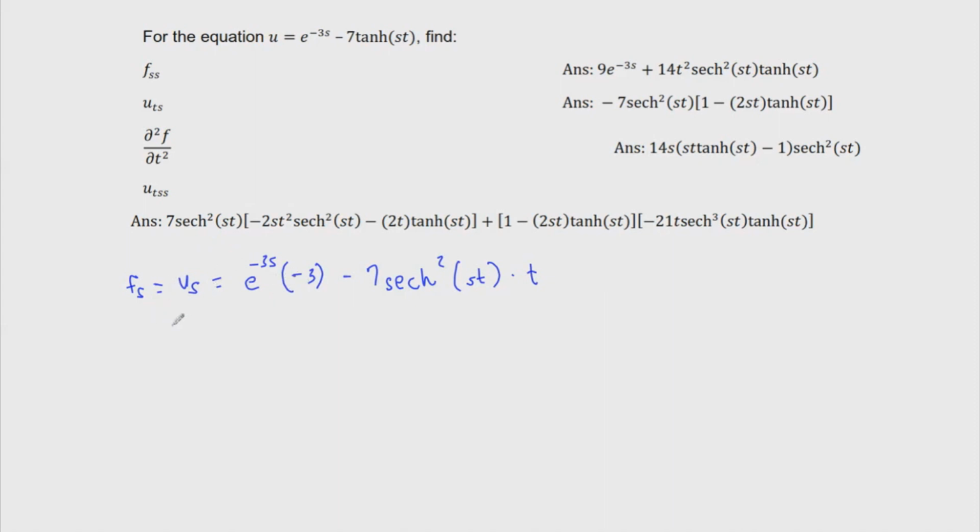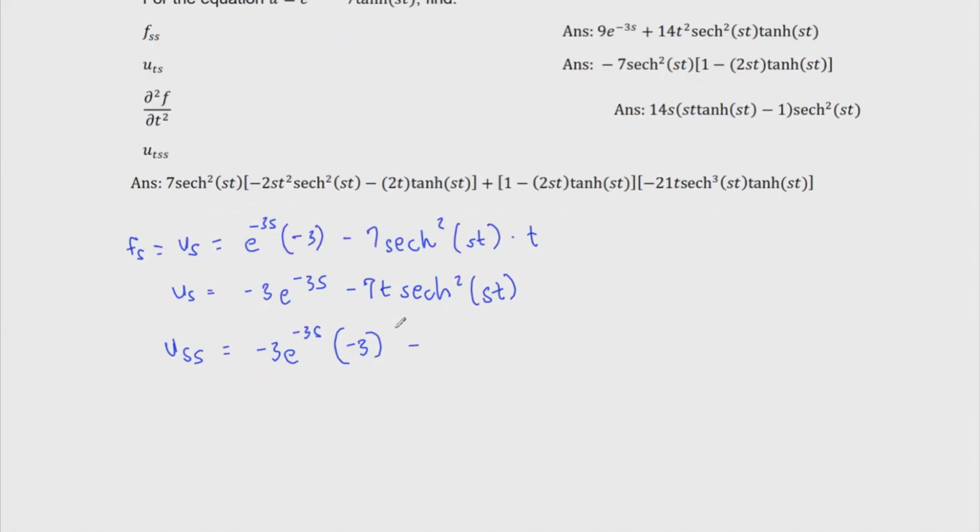So with this we have only t, because we're differentiating with respect to s. Okay, so with this we know that u sub s is equal to negative 3 e raised to negative 3s, and then minus 7t, and then we have sech squared st. Now we proceed with u sub ss, so that is equal to negative 3 e raised to negative 3s, and then we multiply this with negative 3 again, so minus, now 7t is a constant, so we have 7t, and then the derivative of sech squared of st is, we'll be using the power rule first, so we have 2, and then sech st times the derivative of sech st, which is equal to sech st, and then tanh st, and that is actually negative because we're taking the reciprocal function in this case.